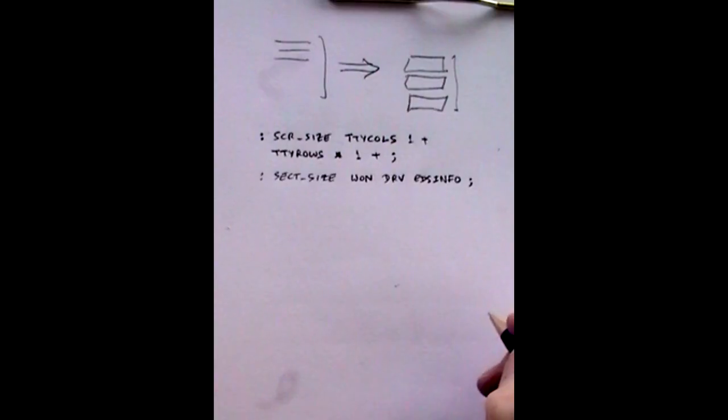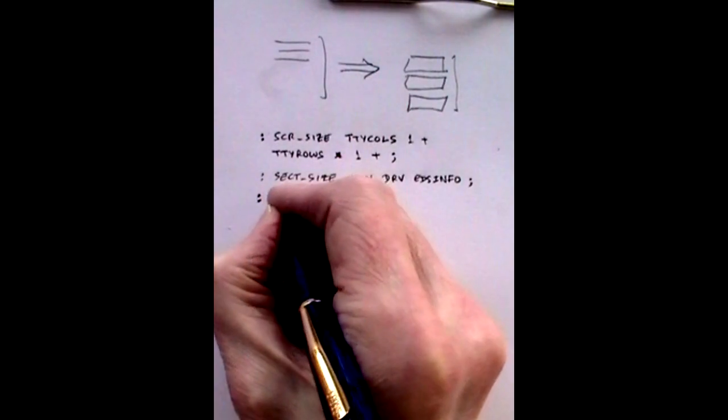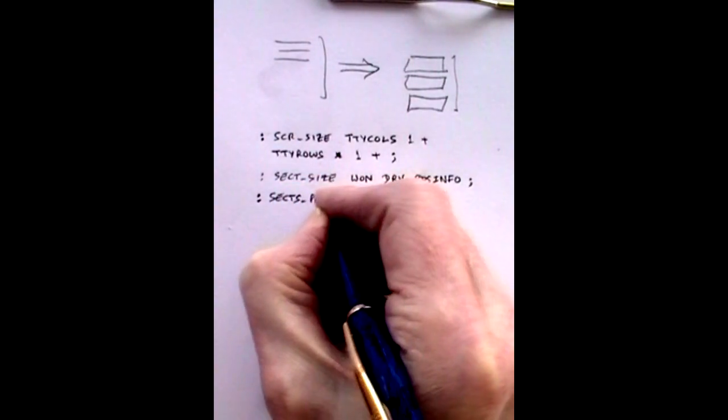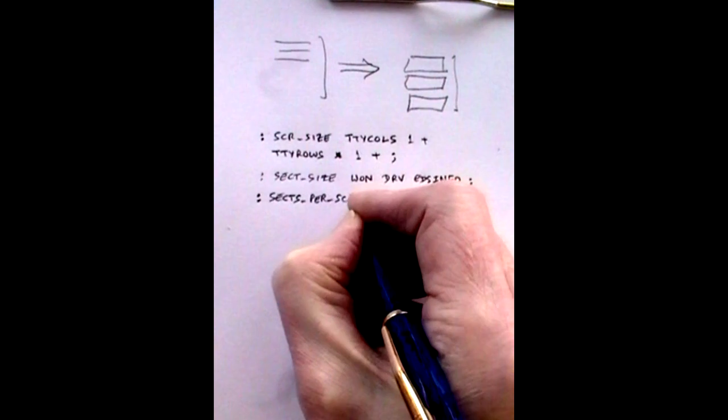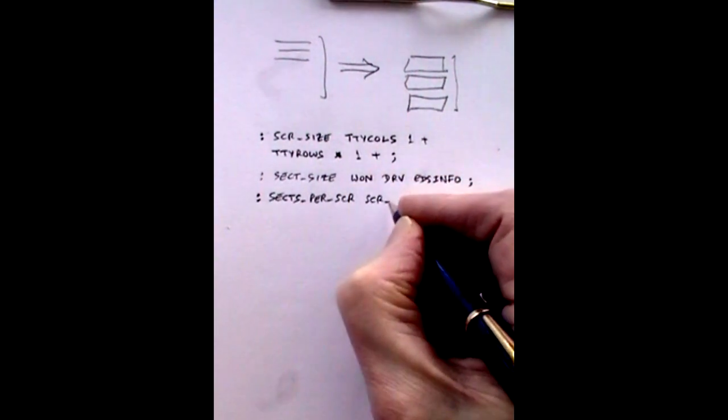to see how many sectors we need to store a screen. So sectors per screen, so we divide one by the other, but we want to round it up.